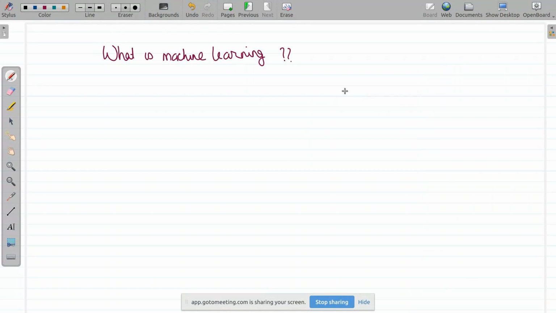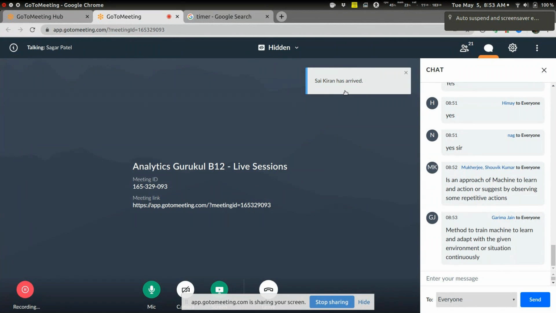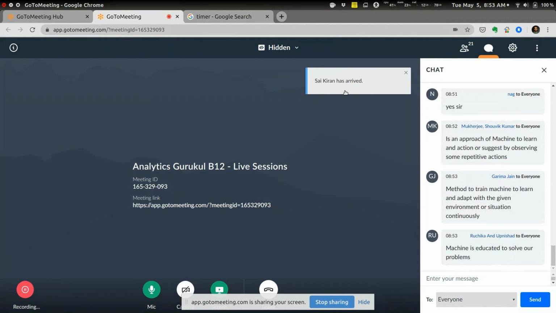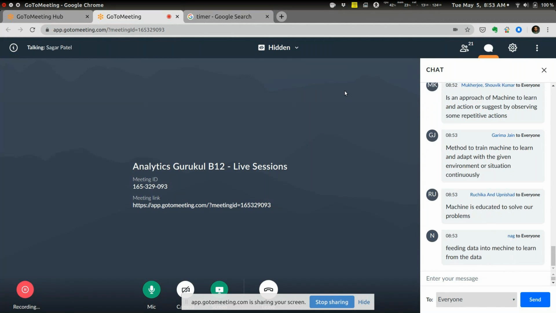I'm expecting answers from you regarding what you think machine learning is. So Garima says, a method to train a machine to learn and adapt with different environments and situations continuously. Interesting. Shavik says, an approach of machine to learn and suggest by observing some repetitive actions. Very interesting as well.